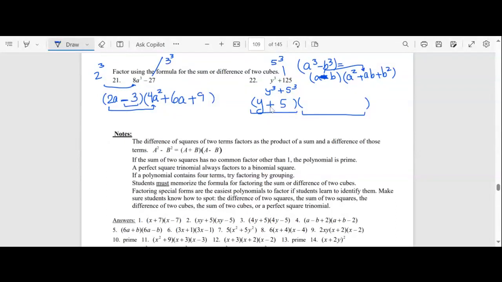And in the middle here is going to be what? Plus. Okay. Now, what is y squared? It's y squared, right? And this is plus. What is the sign going to be in the middle here? Minus, because it's the opposite. Now, if you multiply y times 5, what are you going to get? 5y. And if you square 5, what are you going to get? 25. So it's going to be plus 25. Easy?